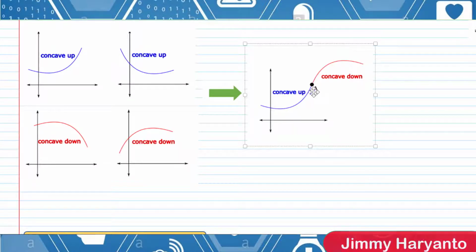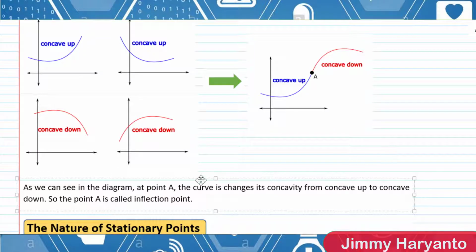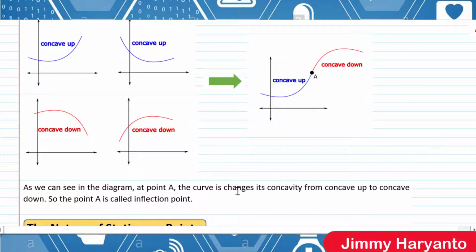Ya, jadi satu function itu bisa ada dua concave, bisa concave up, bisa concave down. And the point where the concavity changes is called the inflection point. As you can see in the diagram, at point A, the curve changes its concavity from concave up to concave down. So point A is called an inflection point. And we will talk about this inflection point later in the types and nature of stationary points.